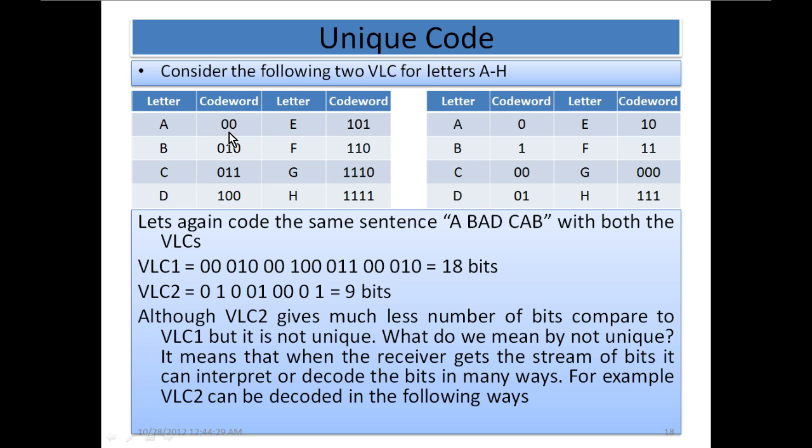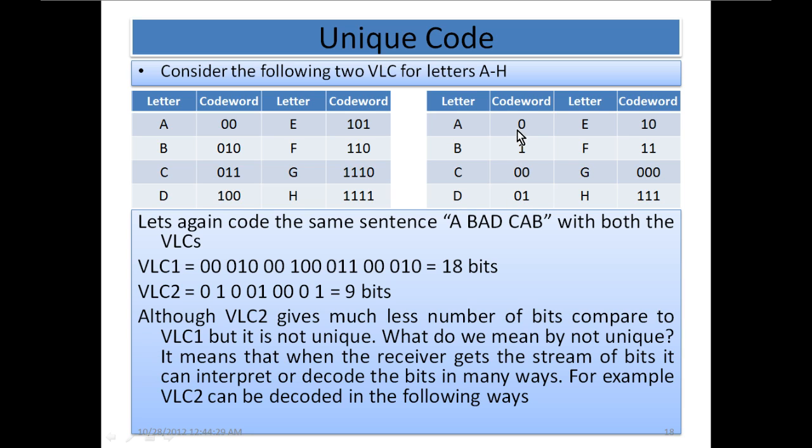This 0 0 cannot be combined with any other code to generate any other valid code word, but in VLC2, when these two code words are put together, they generate another valid code word, which is D, 0 1, over here.